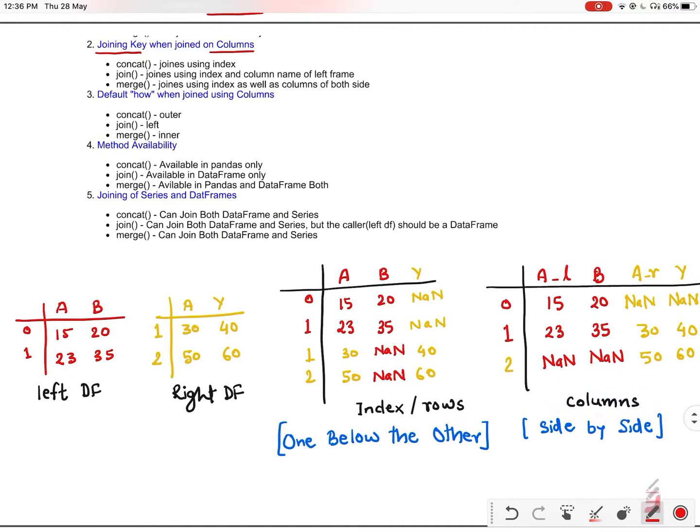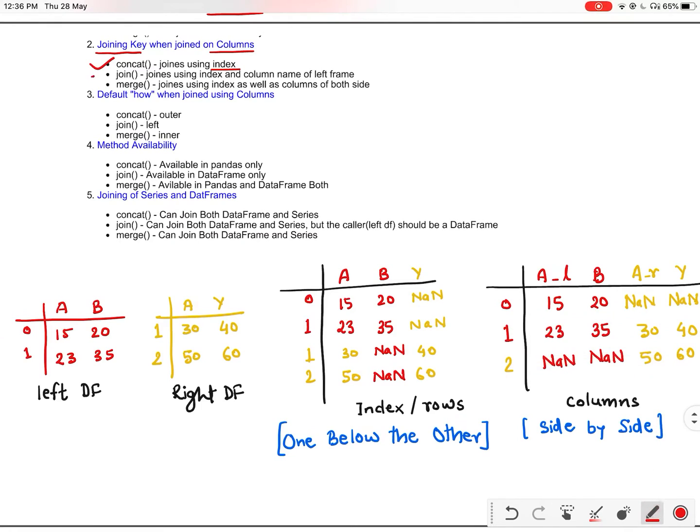So the first one: when we use the concat method, it joins using indexes. So when we join these two data frames, it uses indexes and keeps the similar indexes in a single row.